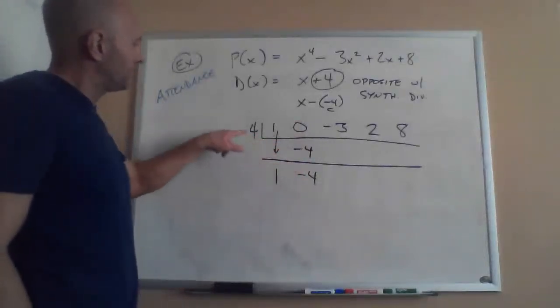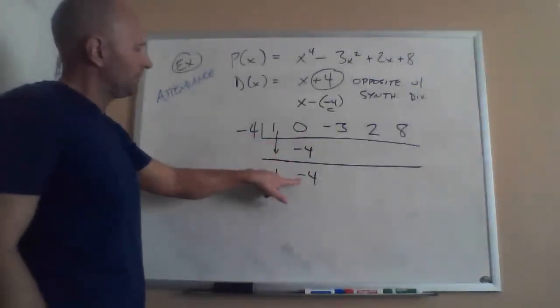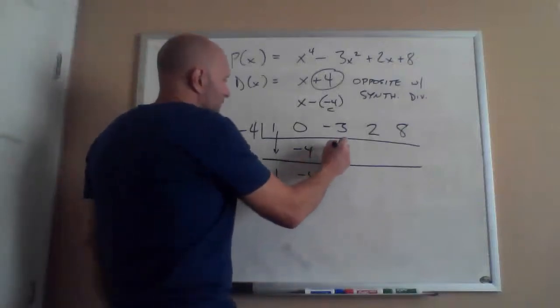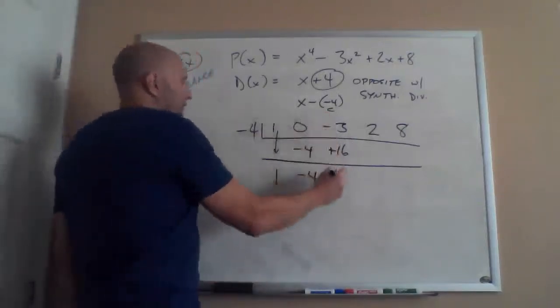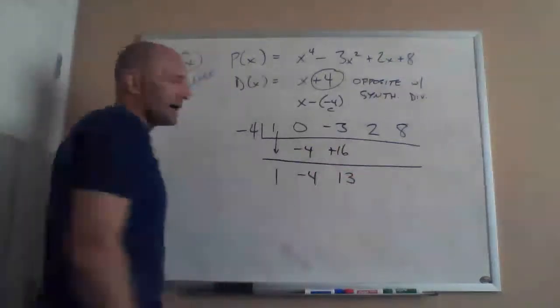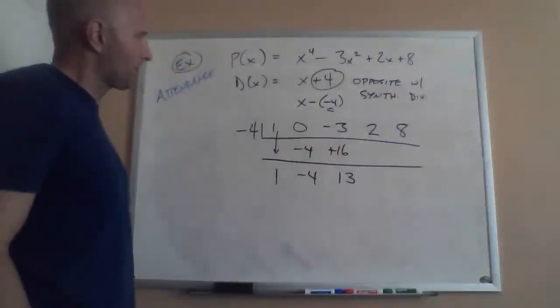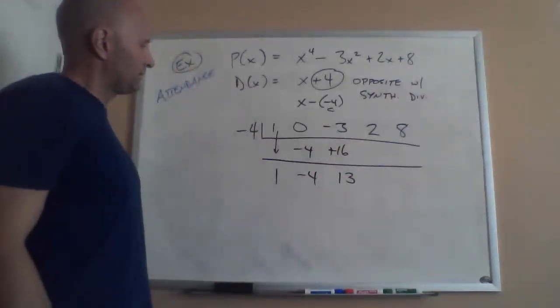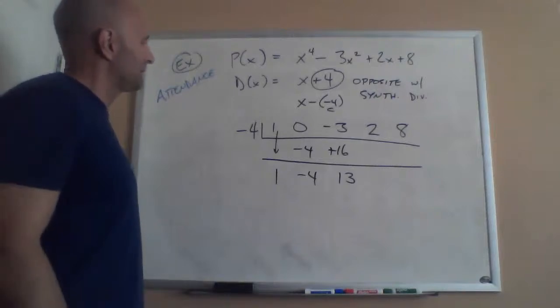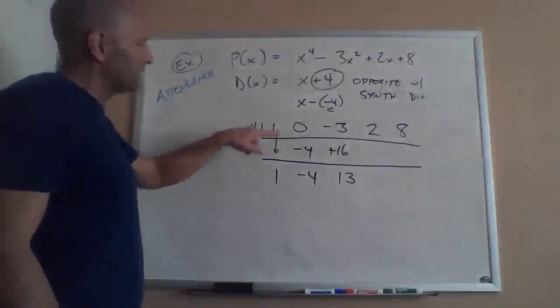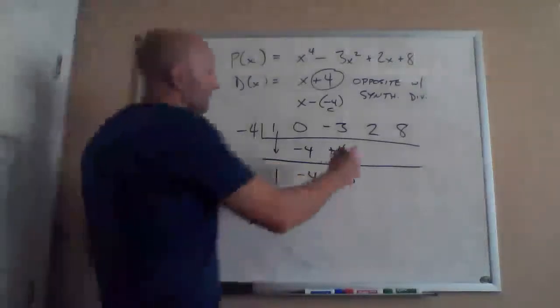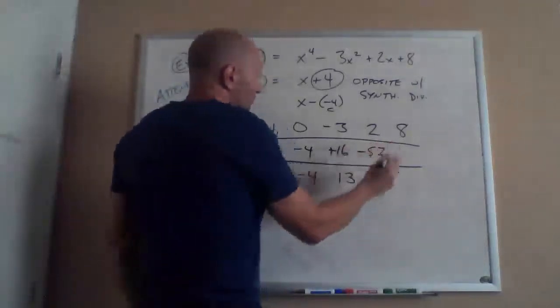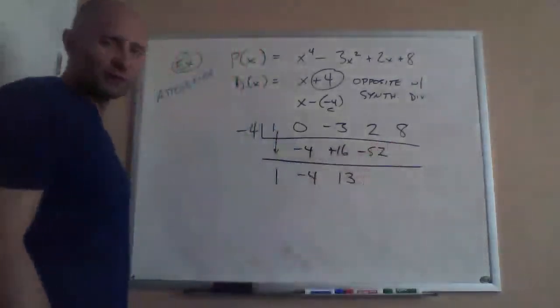These numbers are going to get big on us here, but -4 times -4 is positive 16. 16 minus 3 is positive 13. Yeah, these numbers are going to get really big on us. Oh, that's okay. So now we have what? -4 times 13 is -52. Oh, this won't work too bad. This will work out nice, I guess.